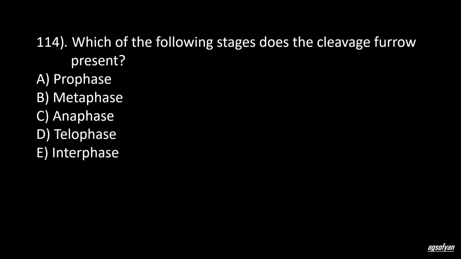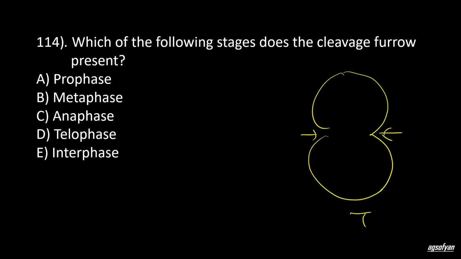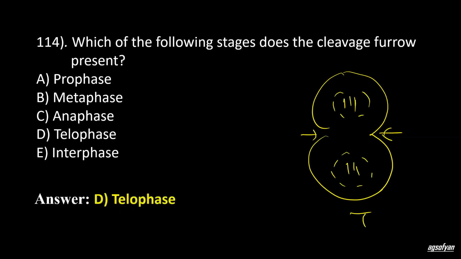Which of the following stages does the cleavage furrow present? This one is during telophase. This is the cleavage furrow over here, and the nuclear envelope reforms. It will be telophase.